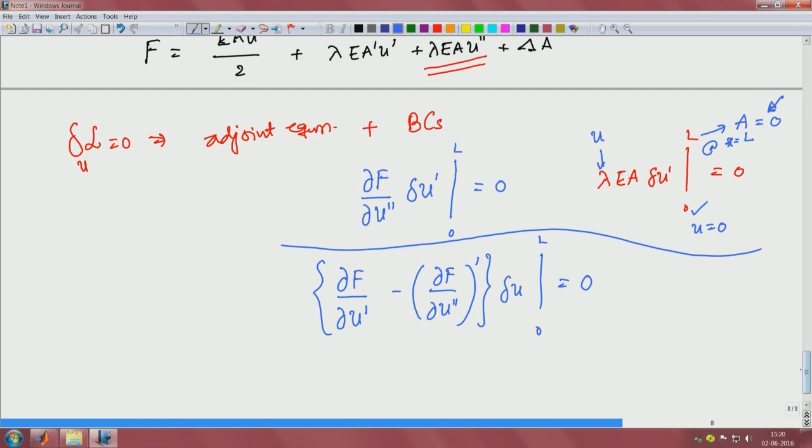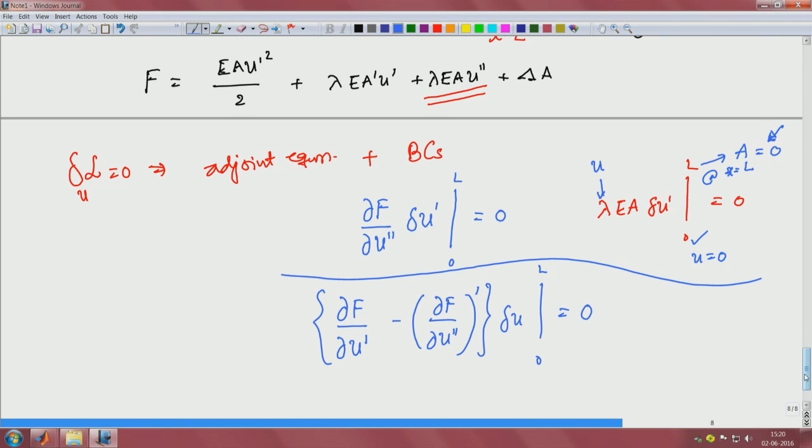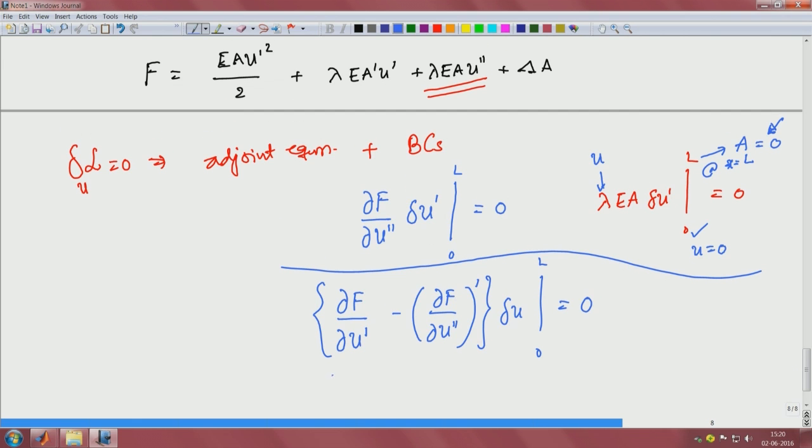So here if we write the second one, ∂F/∂U prime, that will be E A half, and that will become U prime, and then minus the second part will have lambda E A prime, and then prime of this, that is all we have, and then that times delta U is equal to 0.